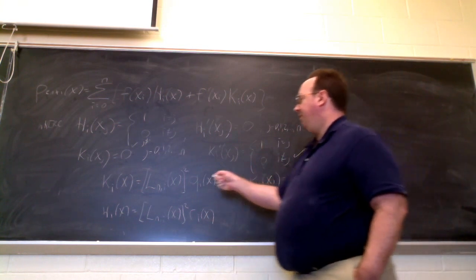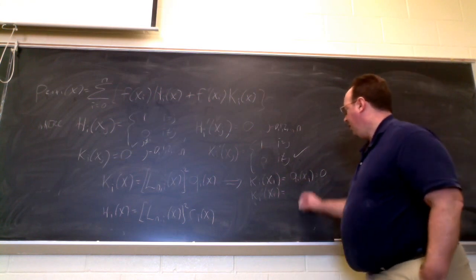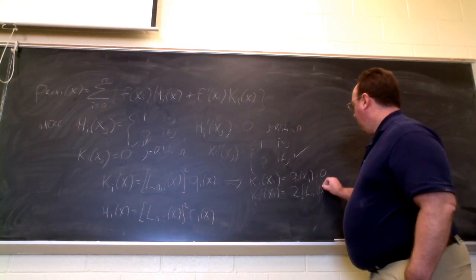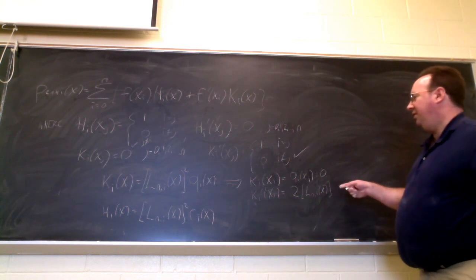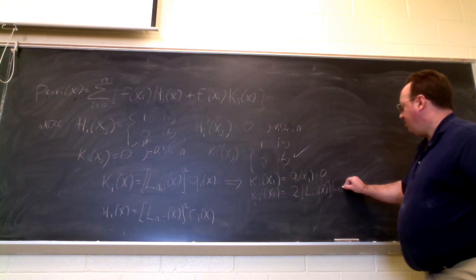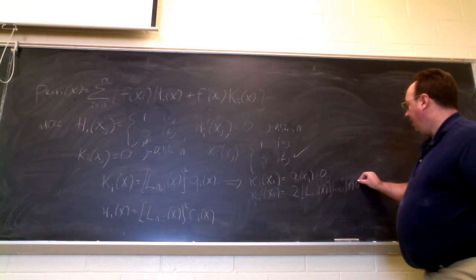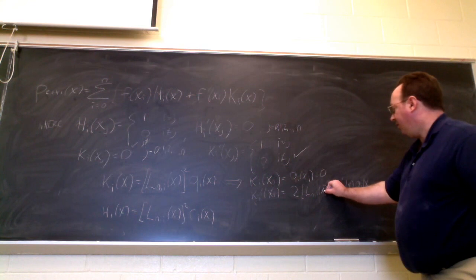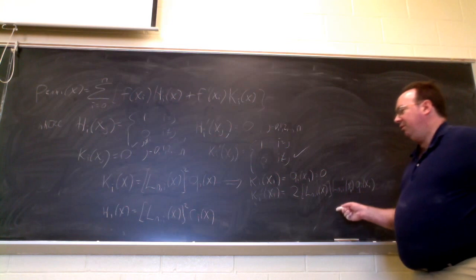well, we need to take the derivative of this. What is the derivative of that going to be? 2 times Lagrange, times the derivative of Lagrange, times q_i of x, and I'm plugging in x_i throughout.